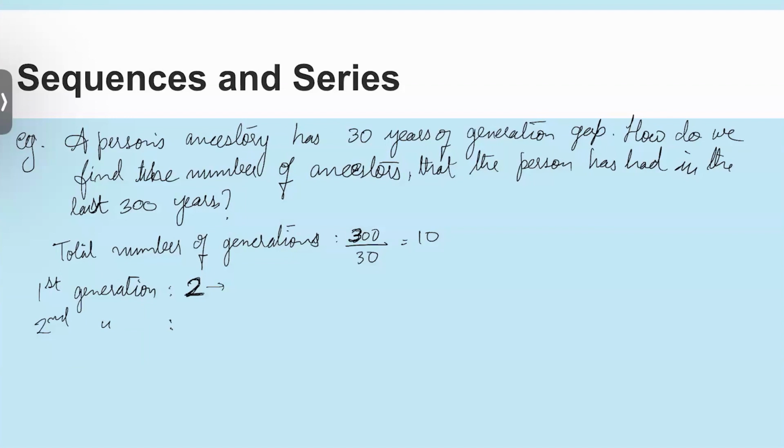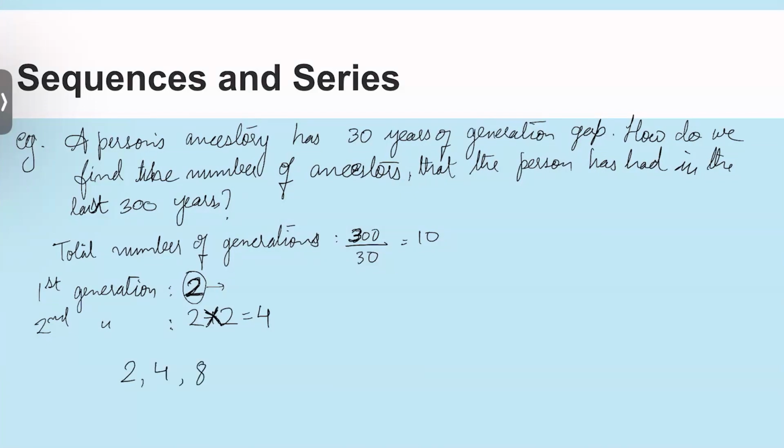Okay, so the total that you can understand is that in the next generation, you will still have the two from the first, and you will have two more people. Okay, so you have 2 plus 2, 4. Actually, it's supposed to be 2 into 2. So that is how it will get multiplied and it will go on increasing. So your sequence is going to be 2, then 4, into 2, 8.